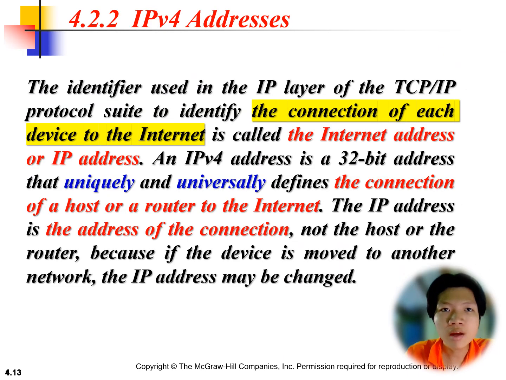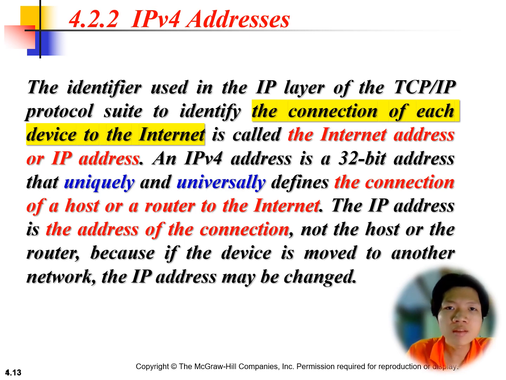The identifier used in the IP layer of the TCP/IP protocol suite to identify the connection of each device to the internet is called the internet address or IP address. An IPv4 address is a 32-bit address that uniquely and universally defines the connection of a host or a router to the internet.